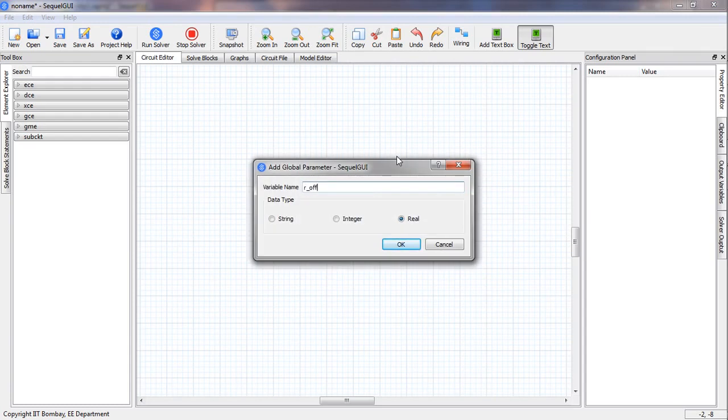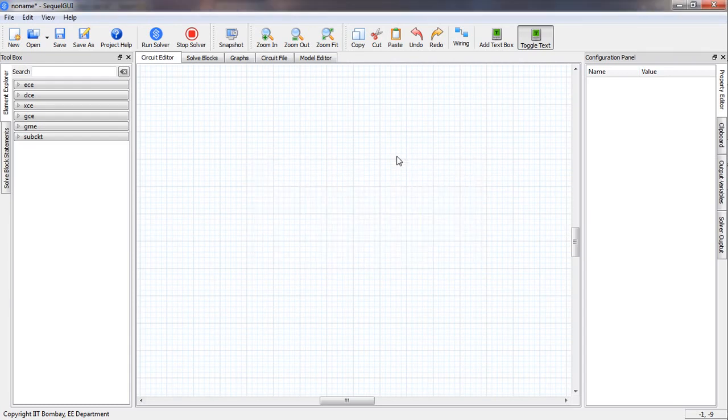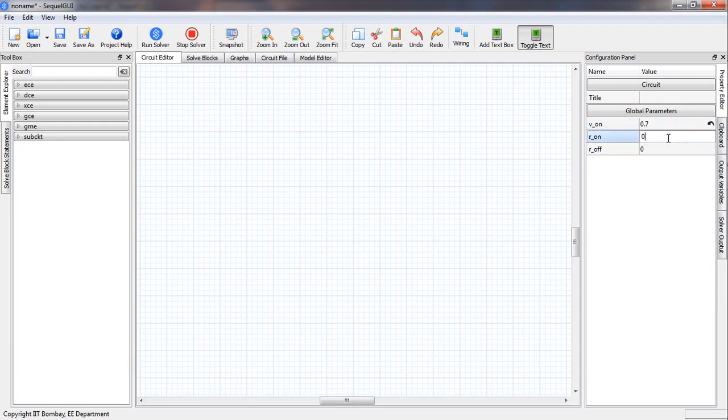So we will use these for diode parameters. Okay, now let us click anywhere in the canvas, left click, so that the parameters appear here, and now we can edit these. So V on can be 0.7, R on could be 0.1, and R off could be, let's say, 10 mega ohms.